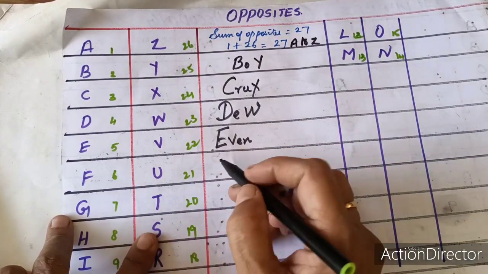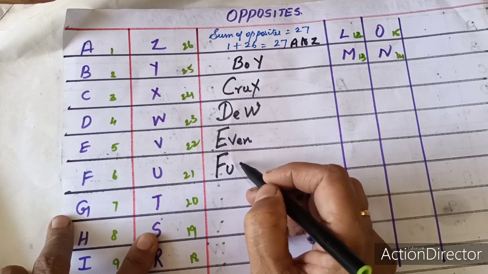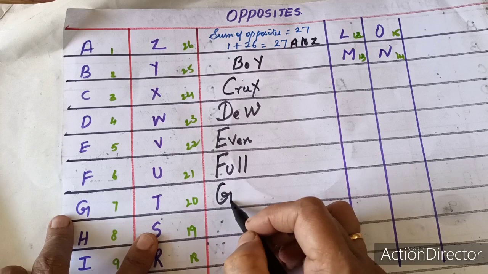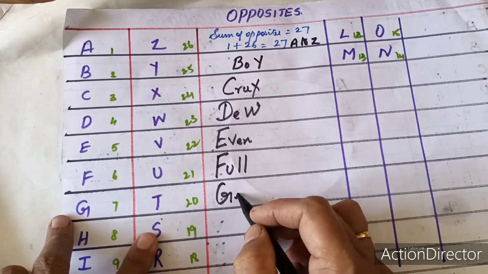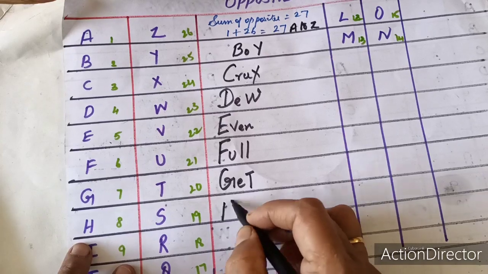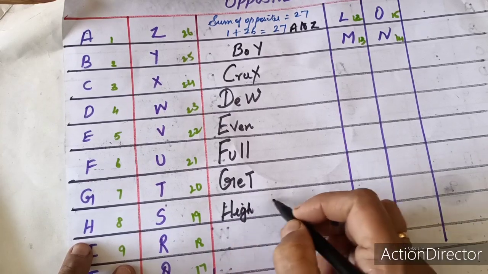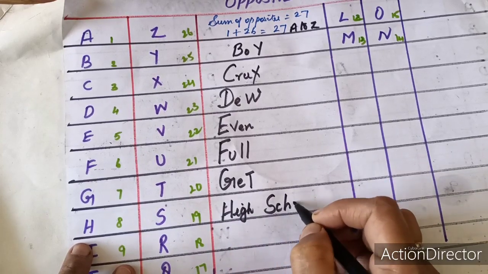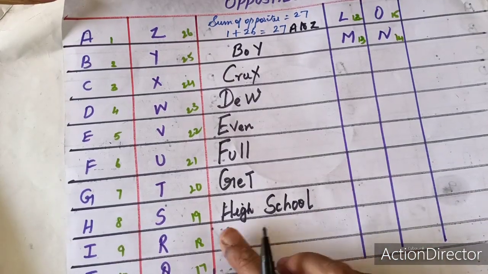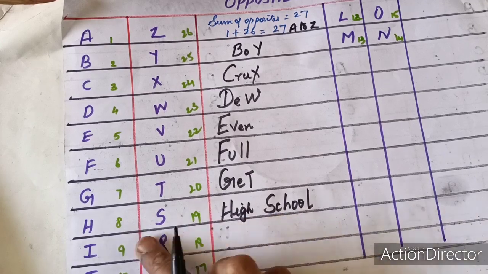F and U, full. G and T, get. H and S, high school. This you can remember very well, because even after going to college, you remember your high school. So it is H and S, high school.